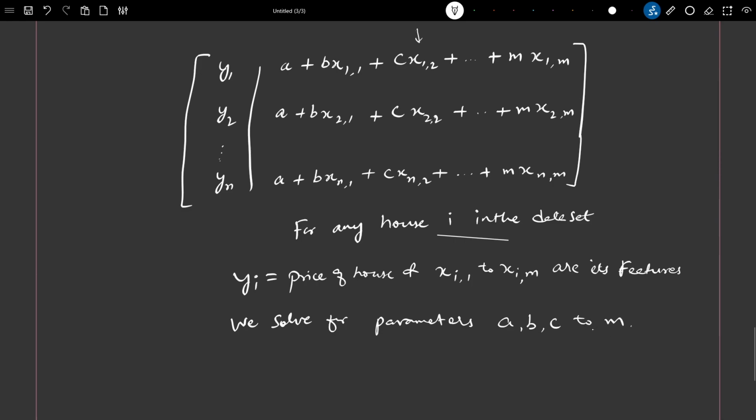This is what we'll solve for. So these are the unknowns we solve for. These are the variables. So we use linear algebra to learn these parameters and solve for them.